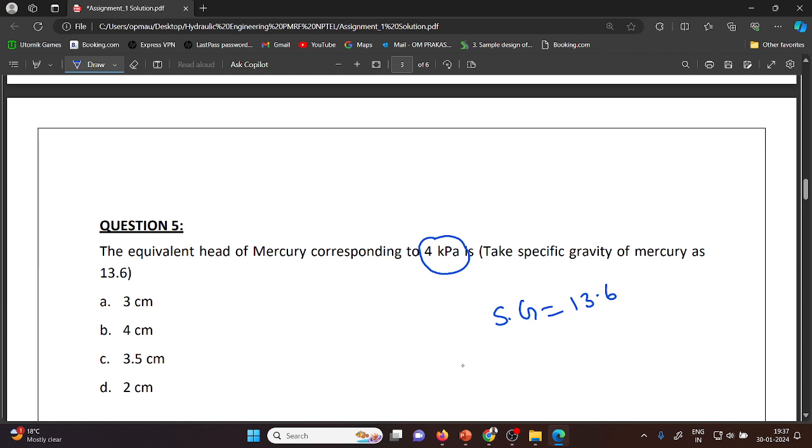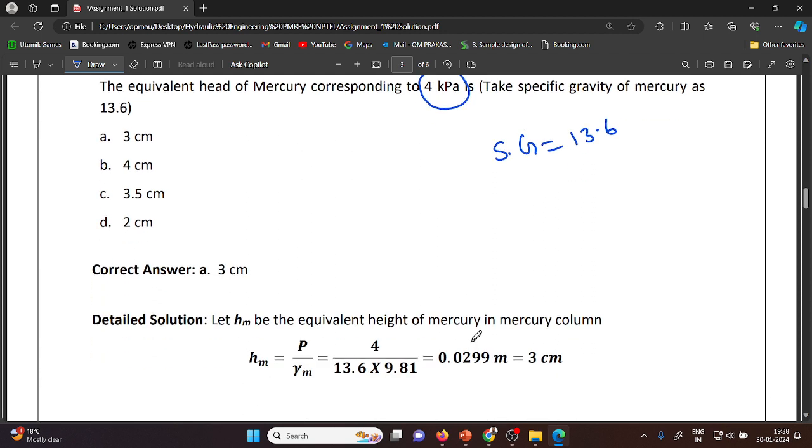You try to equate your pressure, that is the kilopascal, with the properties of mercury. Sir, option A, 3 centimeters. Option A, okay, let me see. Yes, option A is correct.